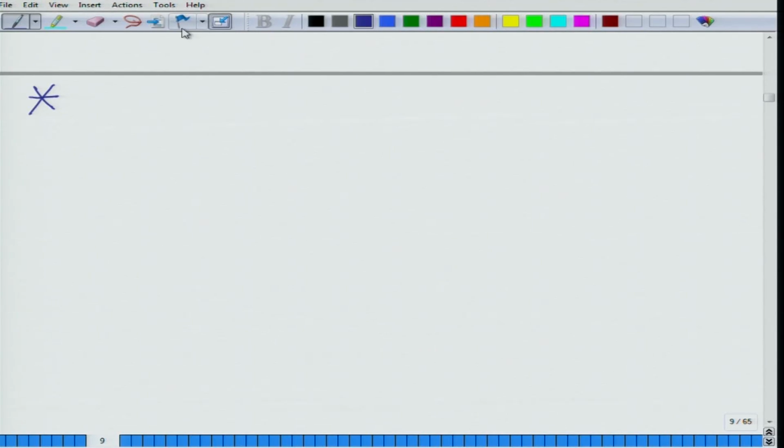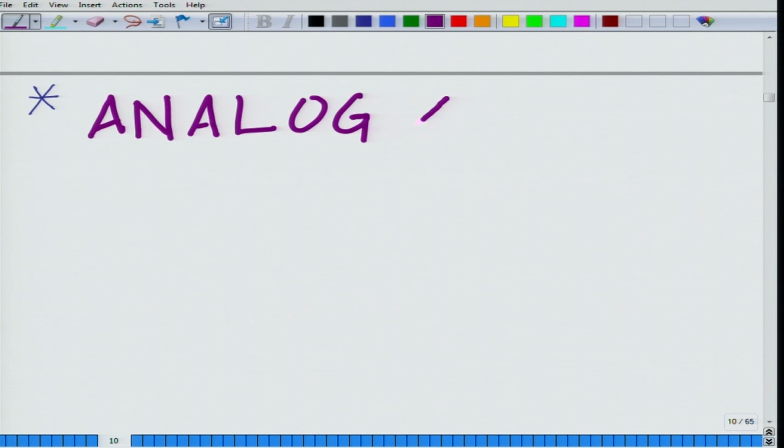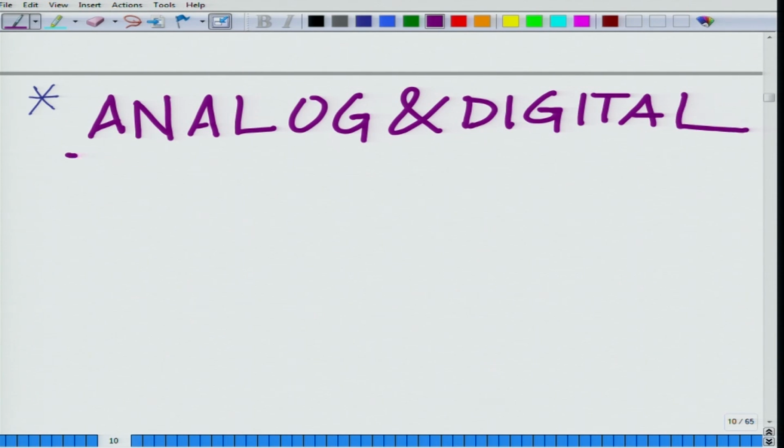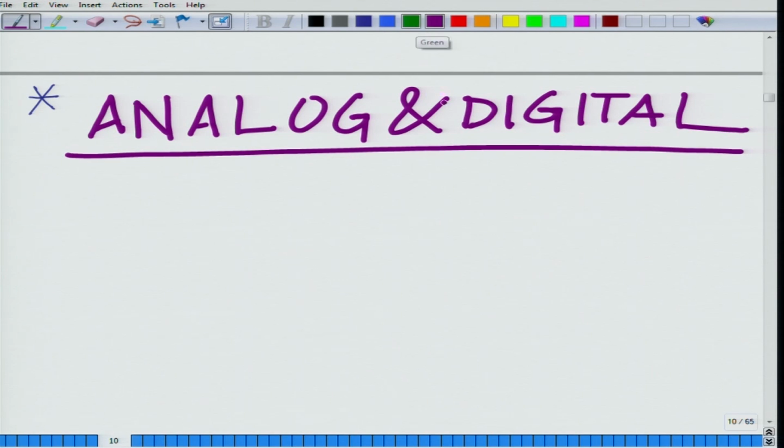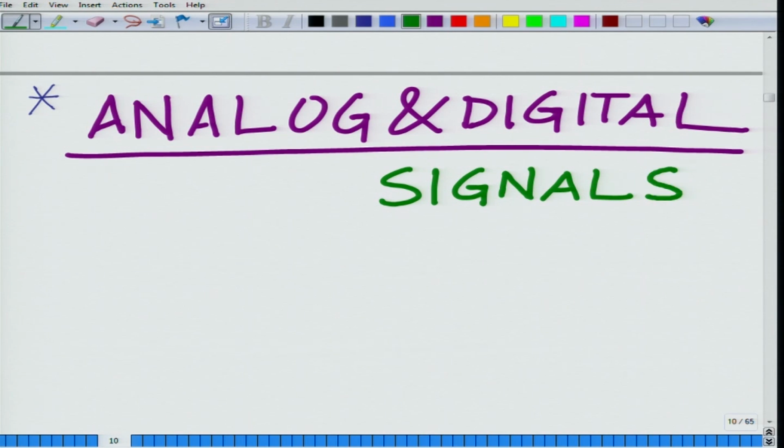So what we want to look at now is basically analog and digital signals. So analog signals are basically continuous time signals, correct?